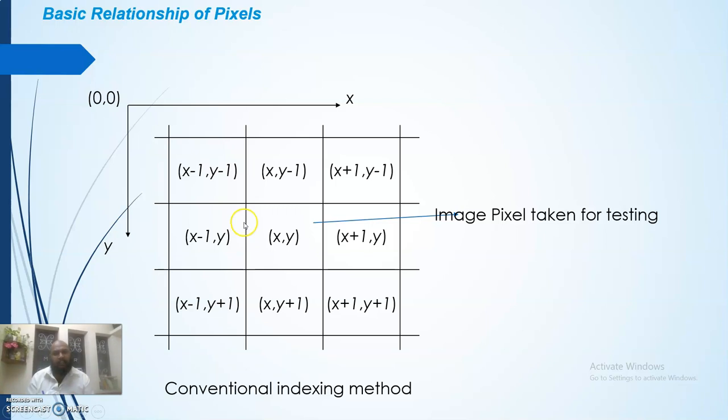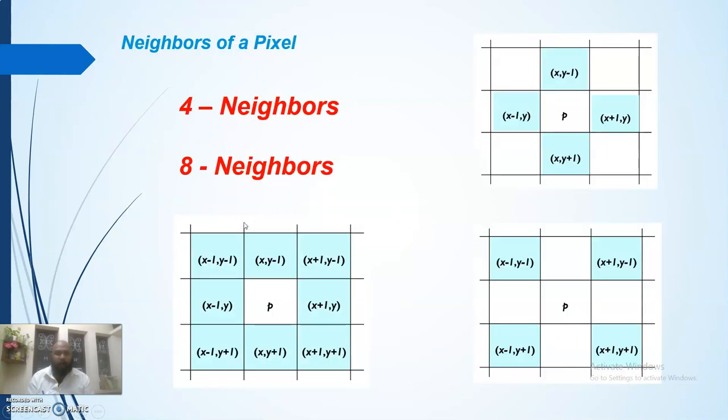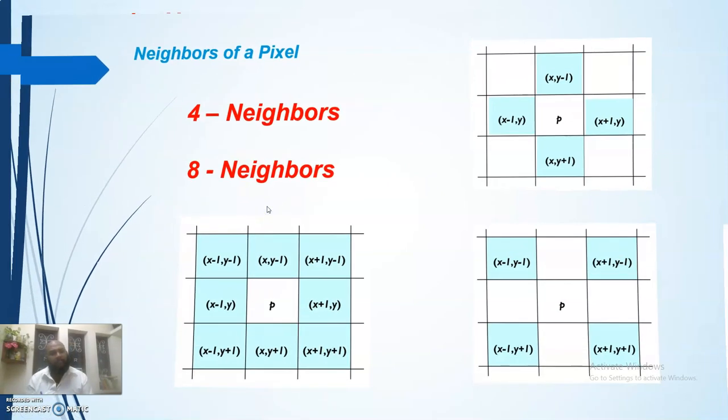In this, first we can see the neighborhood. Saying about the neighbor of a pixel, we can classify it into one is 4 neighbors and another one is 8 neighbors. First we can see 4 neighbors.